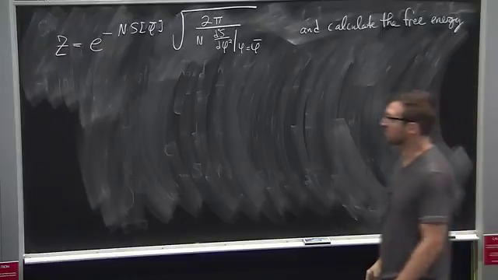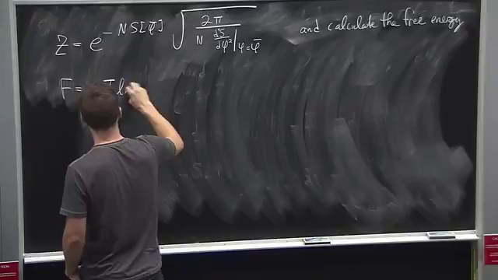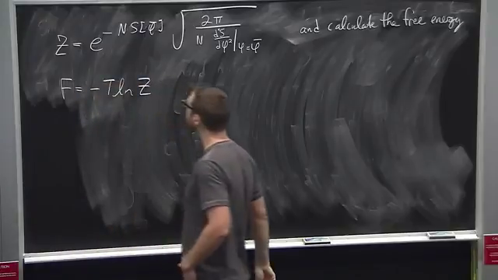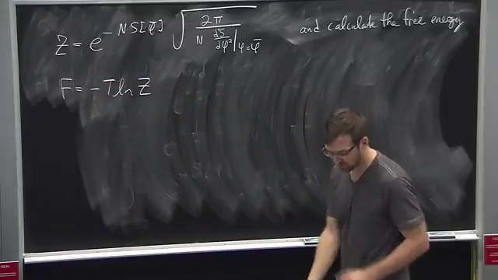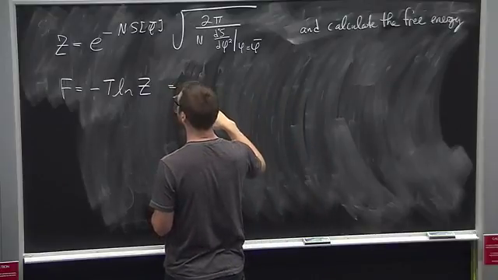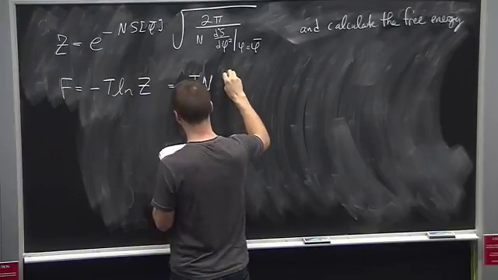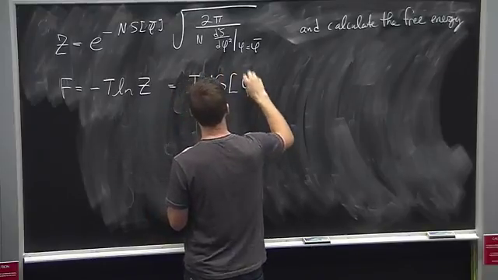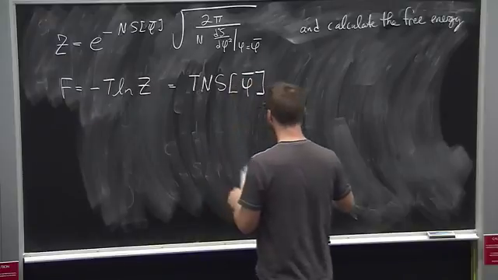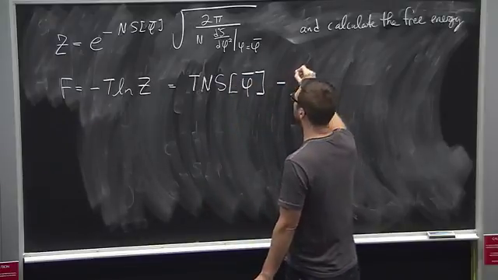So the free energy is minus T log Z. So I'll have two terms. Okay. Let me get the minus signs right. Tn, then I'll have S evaluated at phi bar. I'm going to say minus here.